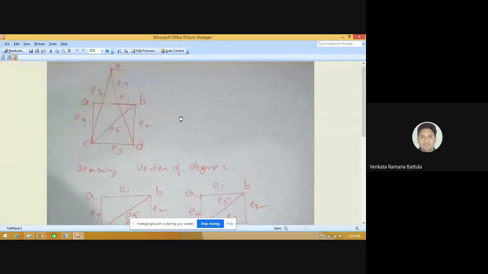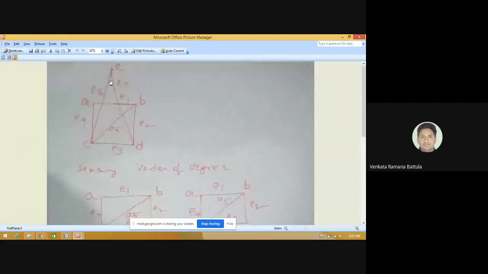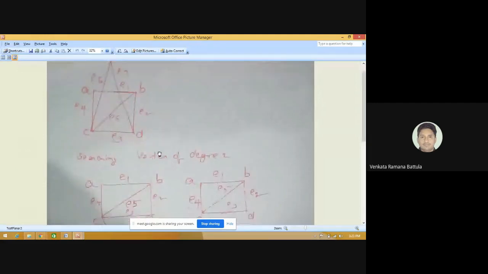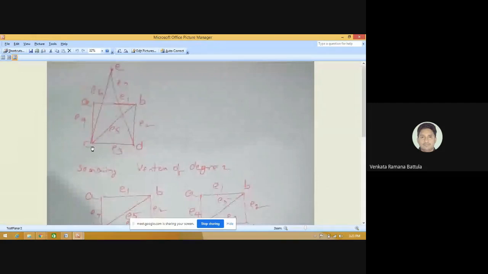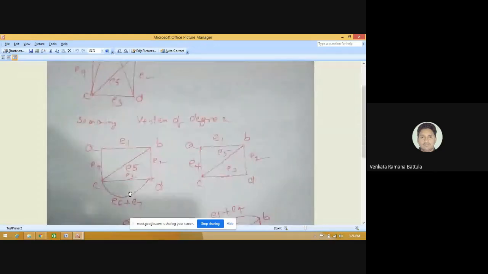Then we start from here. In this example, I start from vertex E. C to D is the edge E3. Then to reach D from C, we have another path E6 and E7. That can be replaced by an edge of length E6 plus E7. If it is a parallel edge, you immediately remove it. Then the resultant graph is this.